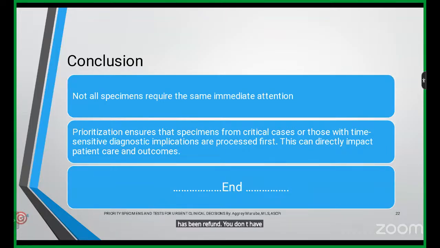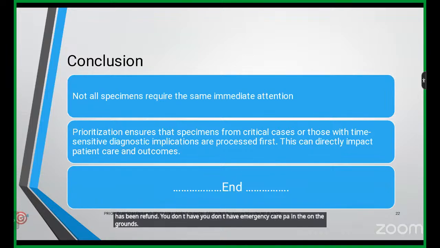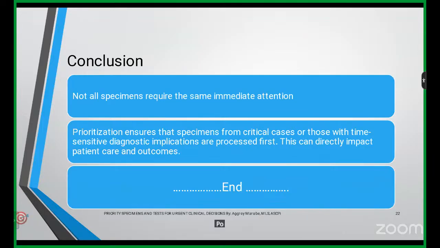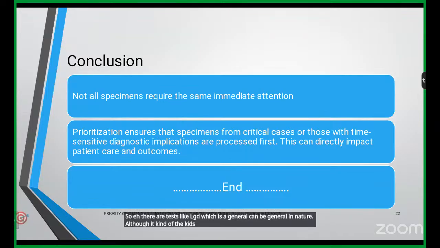If there is a need, this patient has to be referred. If you don't have emergency care on the ground, this patient should be referred with a test to be done at the source of emergency care. There are tests like LDH, which can be general in nature, although it can indicate some cases of MI.